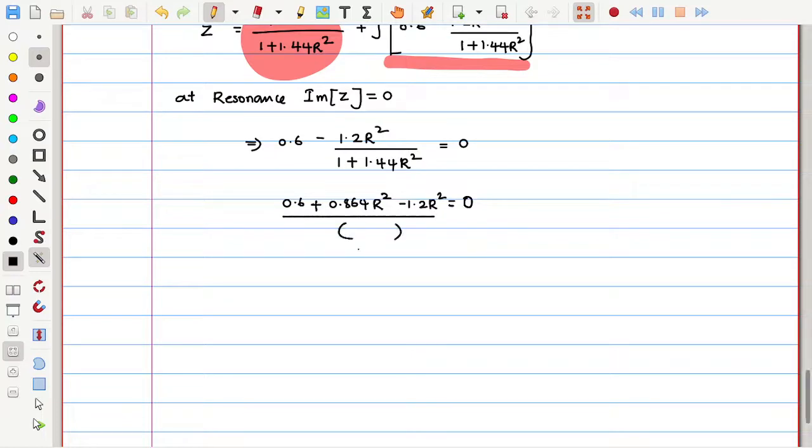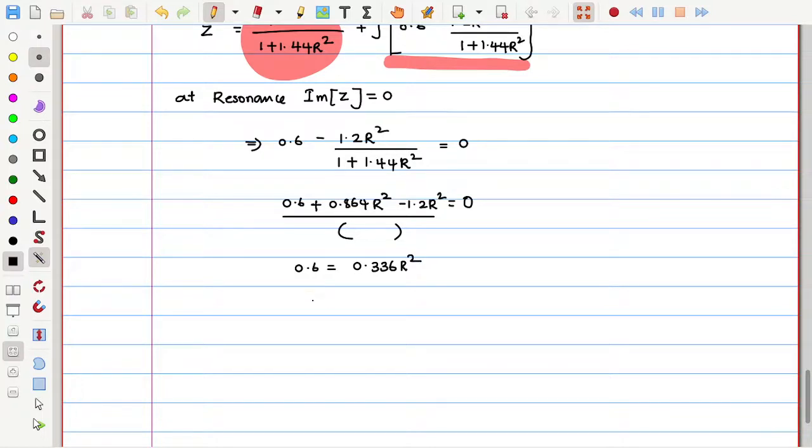The denominator has some value, but that is not a matter for us. Then how much will we get? Check it. 0.6 is equal to, this becomes negative, so 0.864 minus 1.2 is minus 0.336. If it goes to the right side, it becomes 0.336 R square.